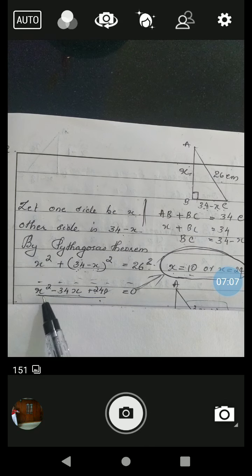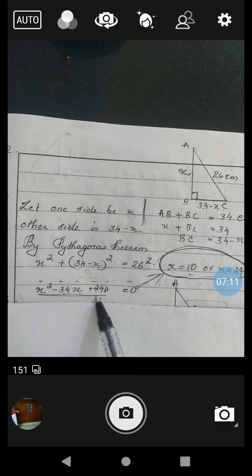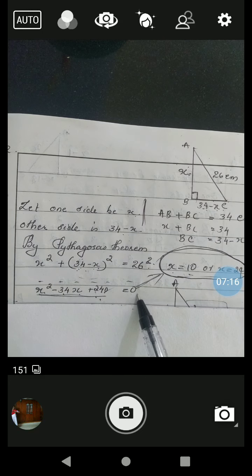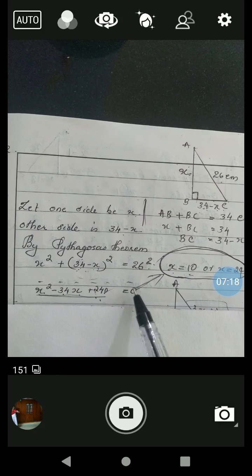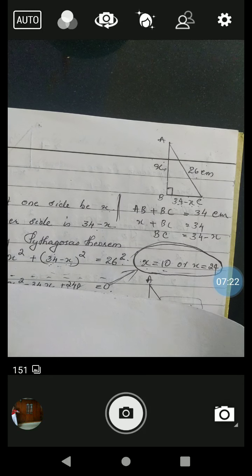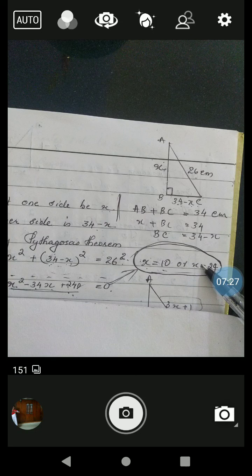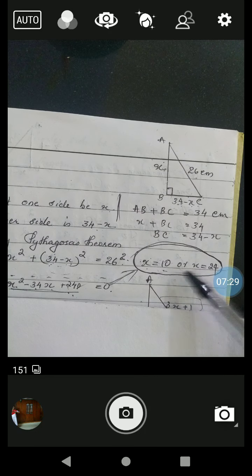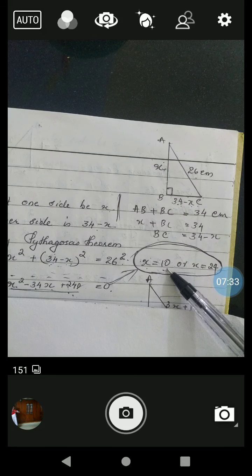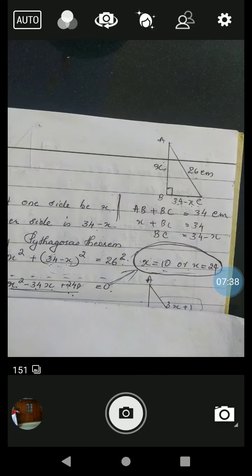That quadratic equation is x square minus 34x plus 240 equal to 0. On solving, you will get x is equal to 10 or 24. And both these values are positive and both values are possible here.